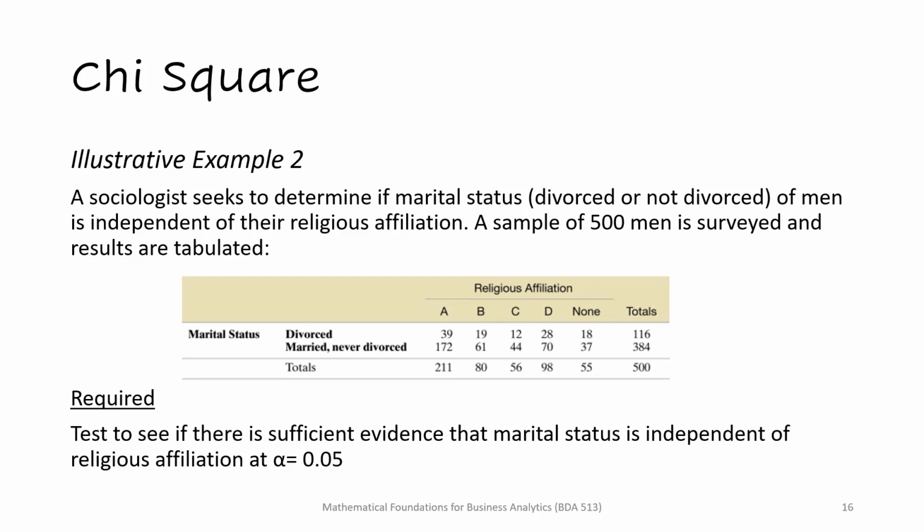For category A, we have 211, B 80, C 56, D 98, and then none. We are required to test whether there is sufficient evidence that marital status is independent of religious affiliation at an alpha of 5%.